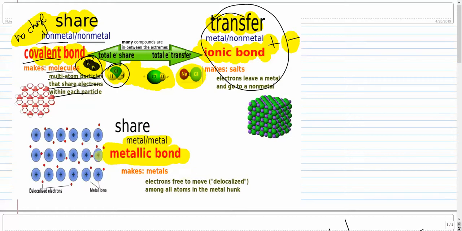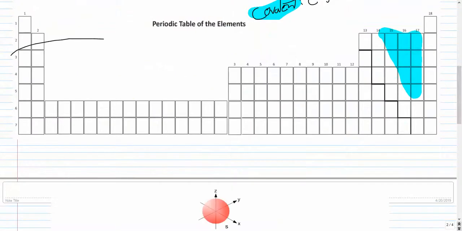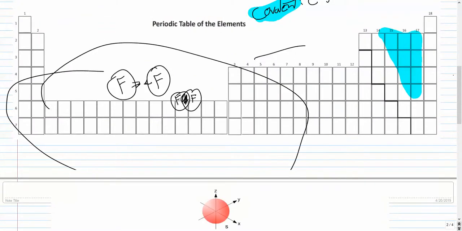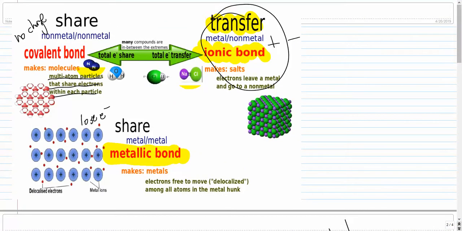Each atom of metal would like to lose its outer electrons, because remember, these metals are these guys on the table over here, and they're happy to lose electrons. And when they do lose electrons, that makes them a positive ion.